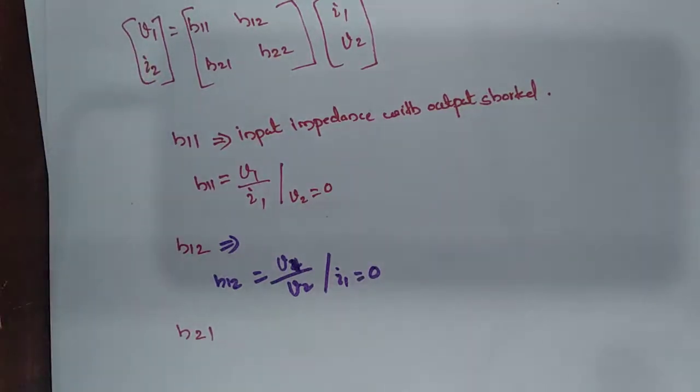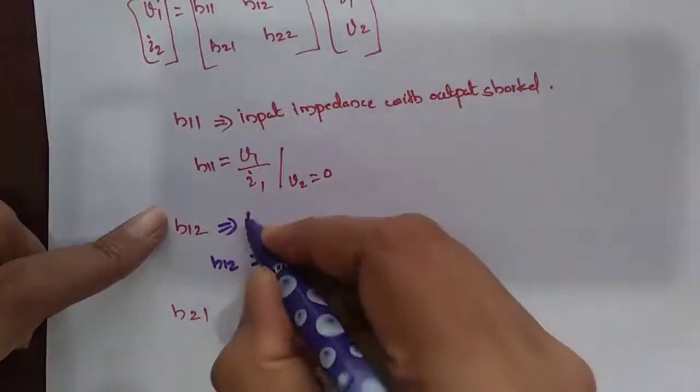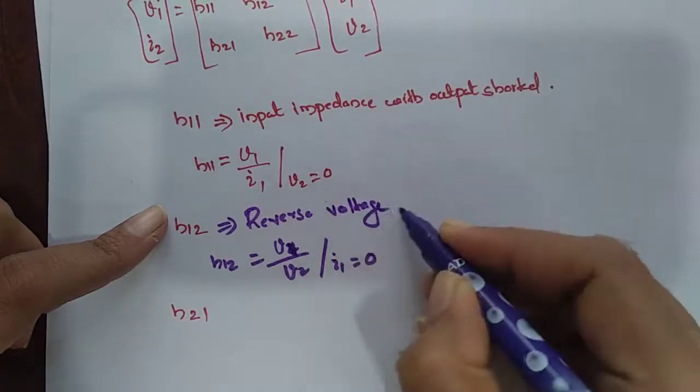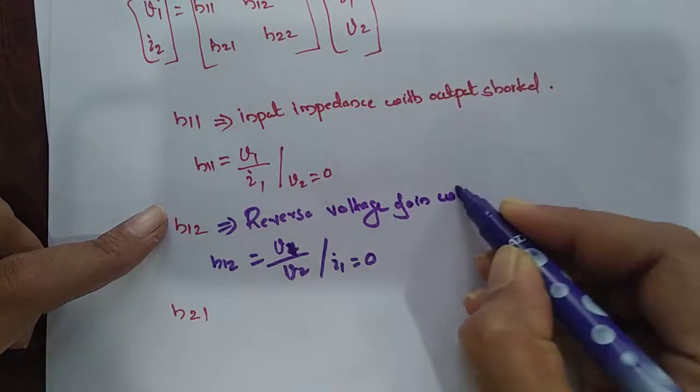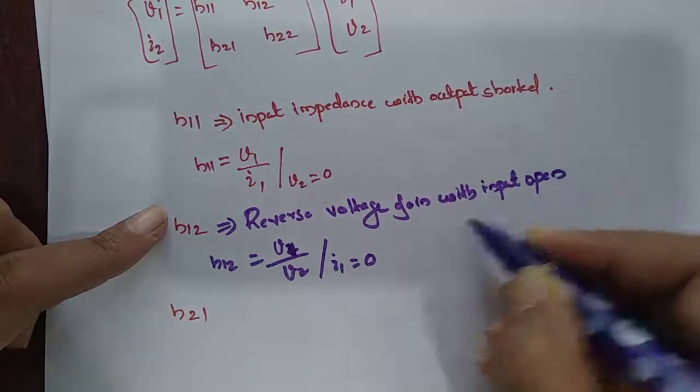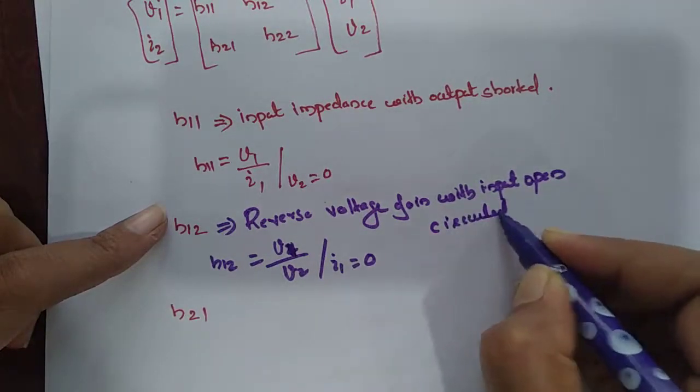So how can I name H12? It is V1 by V2, that is reverse voltage gain with I1 equal to 0, that is, with input open circuited.